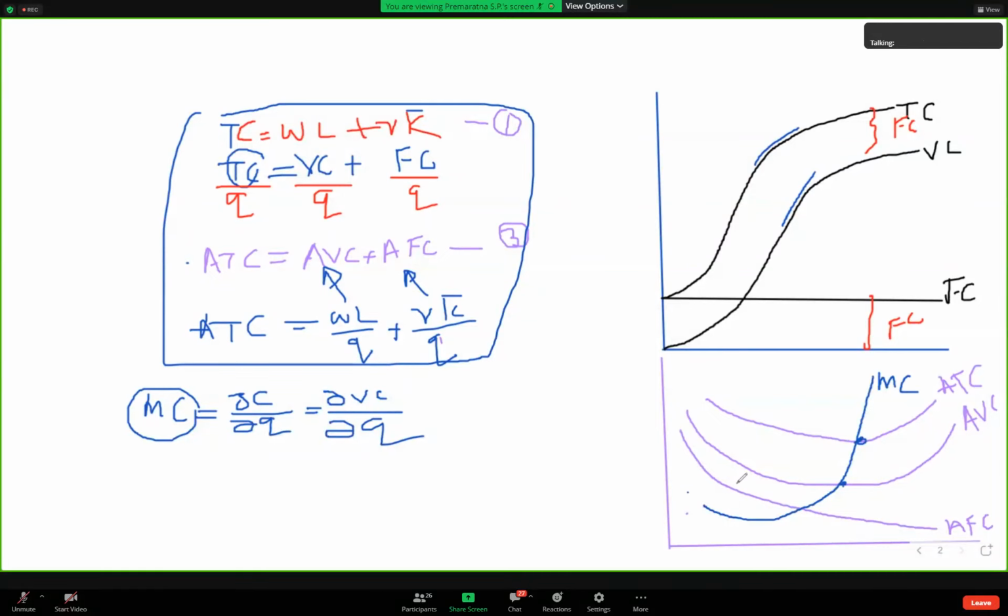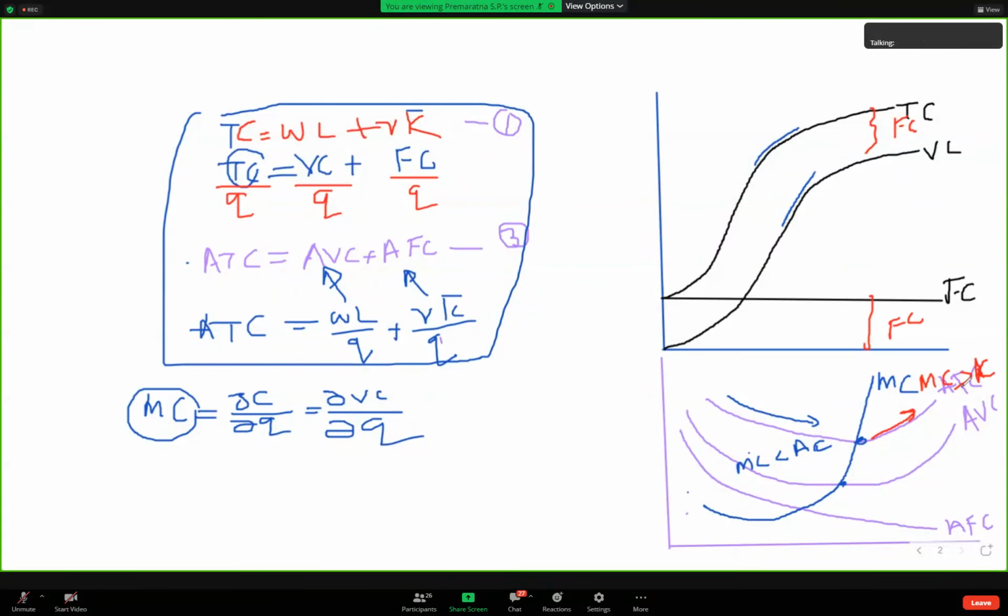So this relationship we look at: when average cost is going down, decreasing, the marginal cost is less than the average cost. Now the other point: look at the average cost with positive slope, which means average cost increases, the marginal cost is greater than average cost.